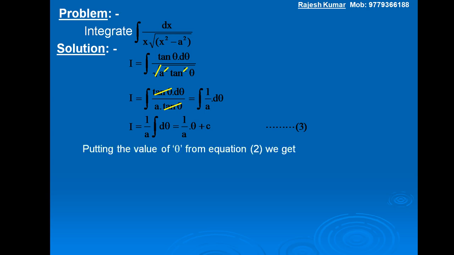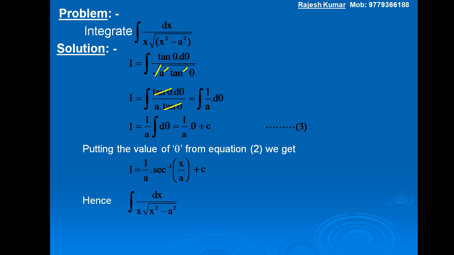Now putting the value of theta from equation 2 in equation 3, so we get I is equal to 1 upon a into secant inverse x upon a. This is the value of theta plus c, the constant of integration.